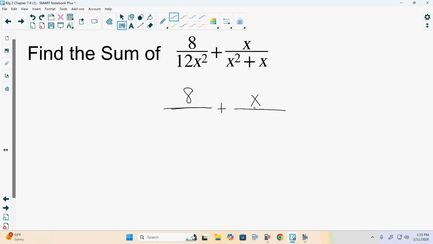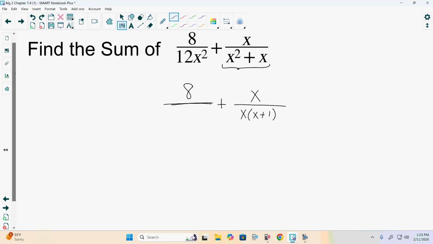Now, if we look at the one on the right, x squared plus x, if we're factoring it, we have a greatest common factor of x. So we have x times x plus 1. On the left-hand side, 12x squared, well, that is just 12x squared.